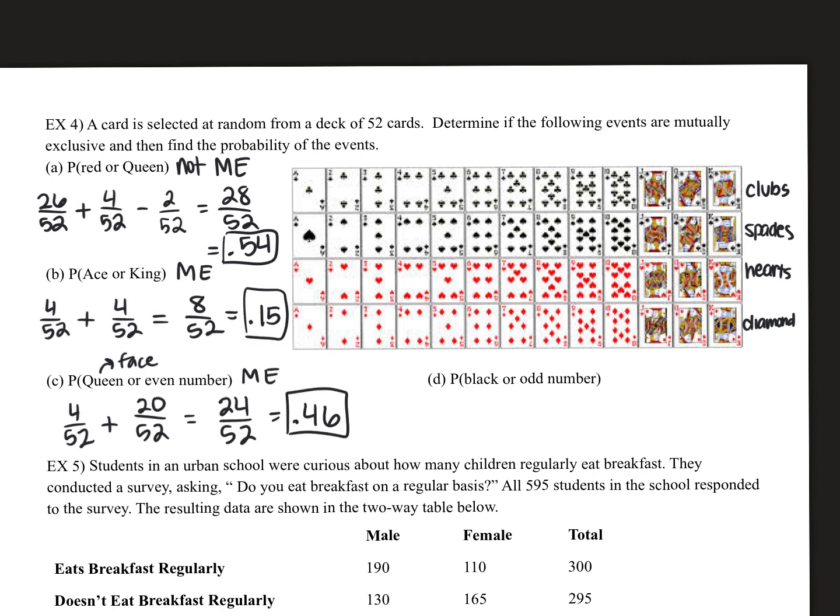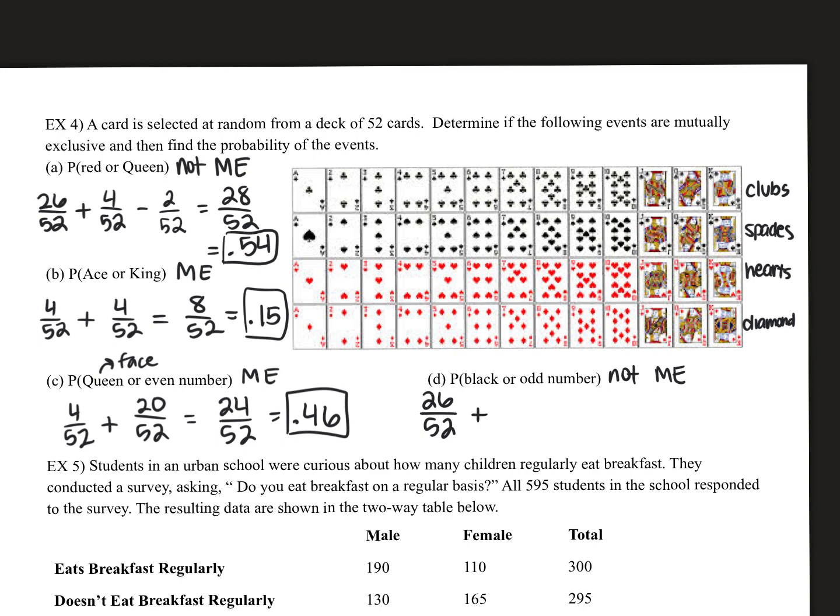So not quite 50%. Now we're going to do black or odd number. Now these are not mutually exclusive because some black cards are odd numbers. So again, if half the deck is red, half the deck is black. So 26 out of 52 plus odd numbers. Ace, not considered an odd number, and ace is technically considered a face card.